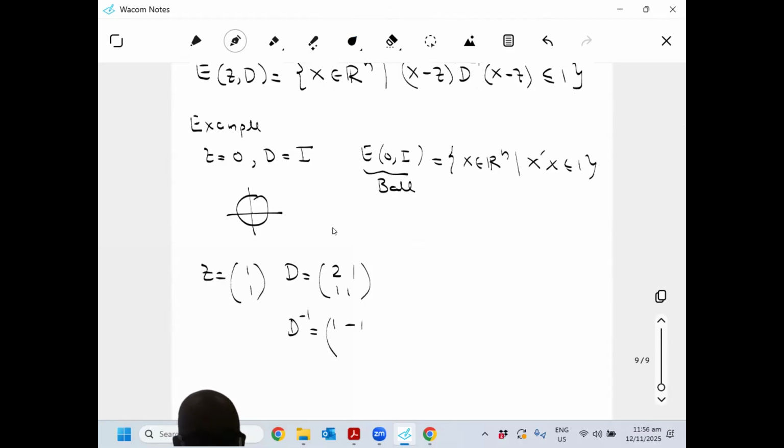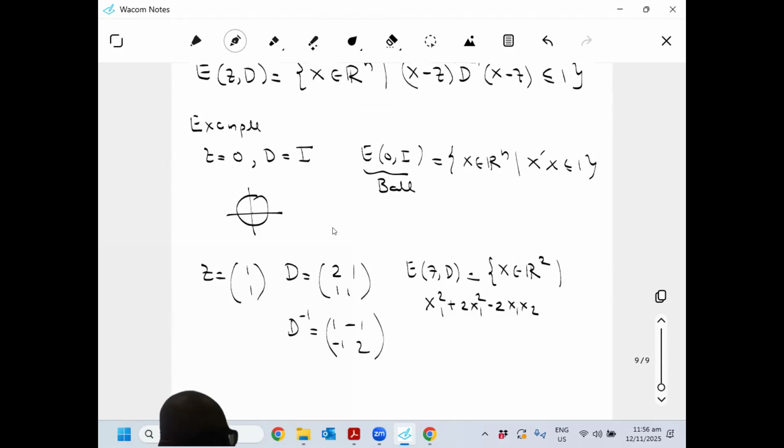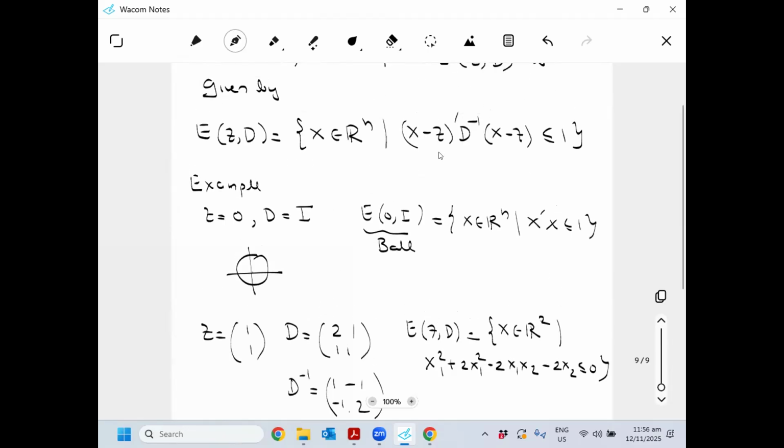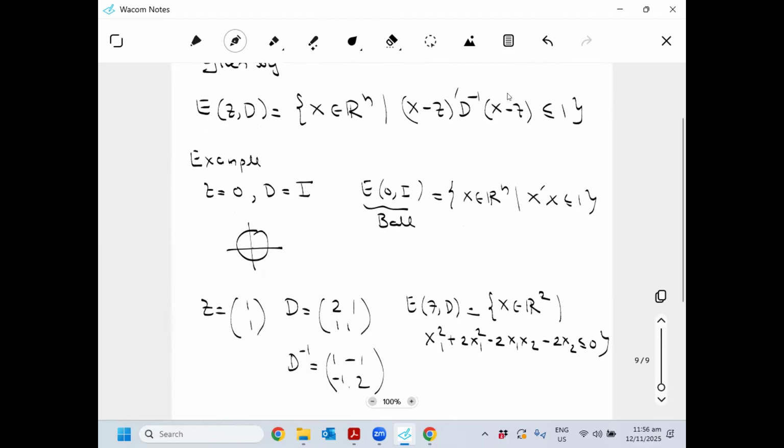If you write down ellipsoid (z, D) and plug into the formula, it's x in R^2 where the resulting quadratic inequality holds. So I'm giving you a center and a positive definite matrix D, so you can find the inverse easily. Plug it back in, write down x minus (1, 1), multiply, do the calculation, and it will reduce to this form.